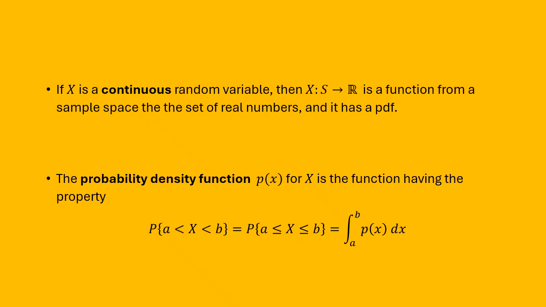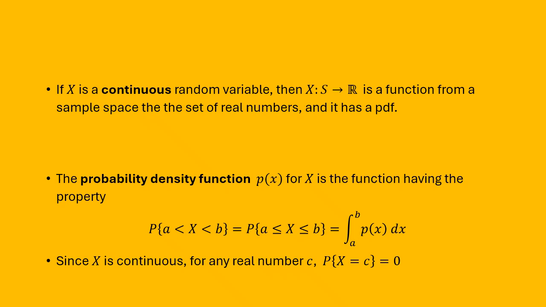For a continuous random variable x, the probability that x is greater than a and less than b equals the probability that x is greater than or equal to a and less than or equal to b, and both of these are equal to the integral from a to b of p of x dx.